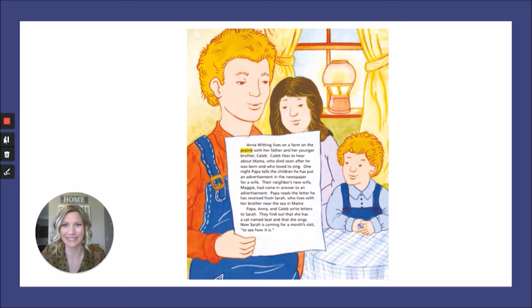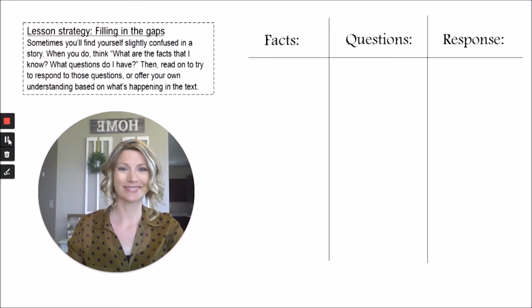Papa reads the letter he has received from Sarah, who lives with her brother near the sea in Maine. Papa, Anna, and Caleb write letters to Sarah. They find out that she has a cat named Seal and that she sings. Now, Sarah is coming for a month's visit to see how it is.